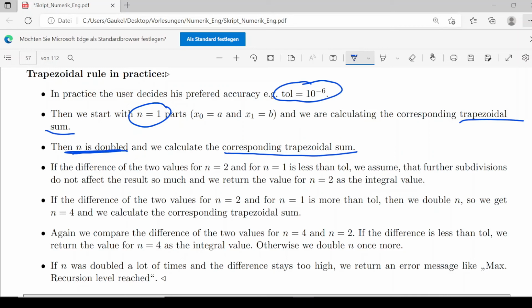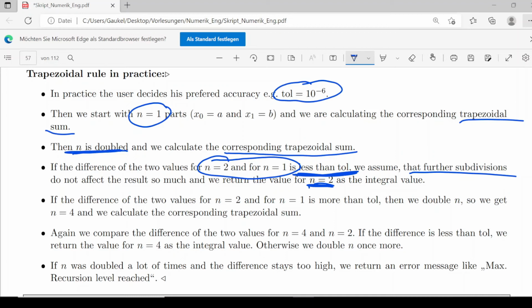If the difference of the two values is less than the tolerance, then we assume that further subdivisions, that means increasing n again, would have no effect on the result, and so we can return the value we calculated for n equal to 2.